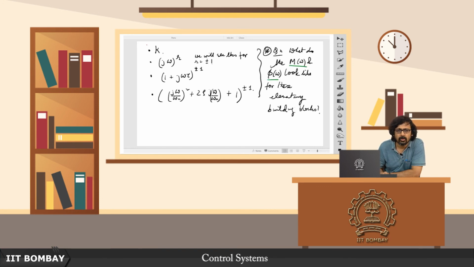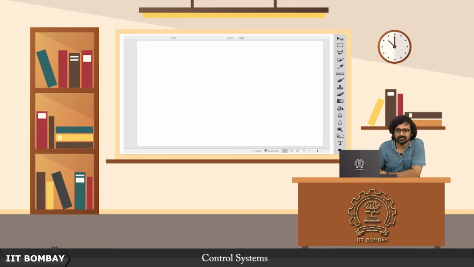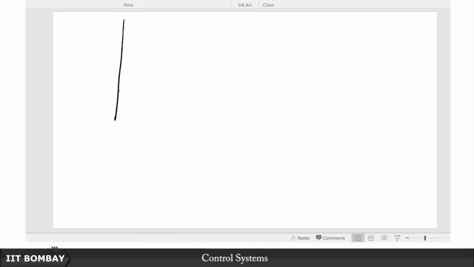Okay. So how about this block? It's really quite straightforward. So you draw this, this is 20 log k, and this is phi of omega for g j omega equal to k.